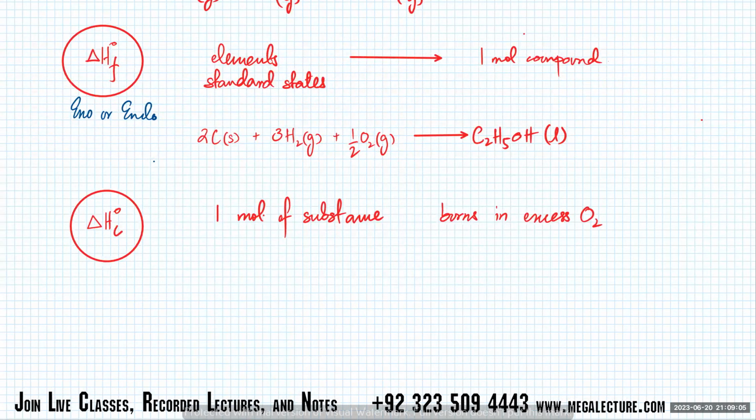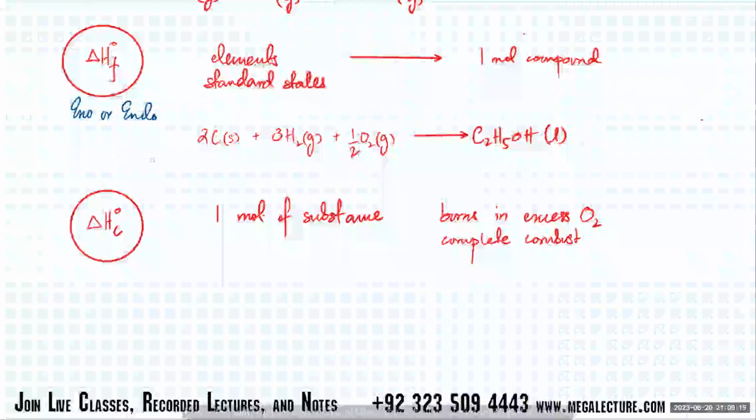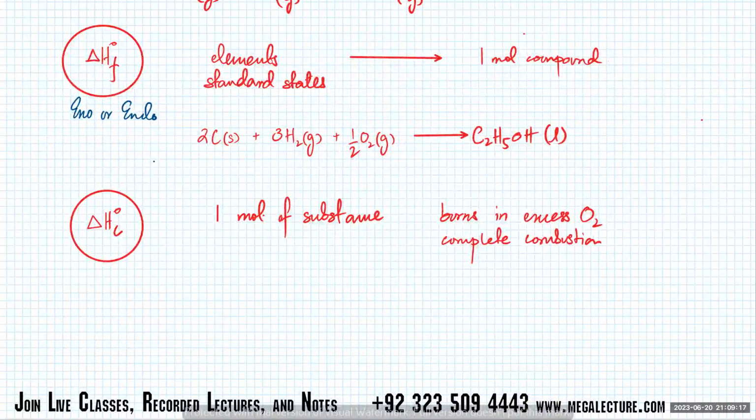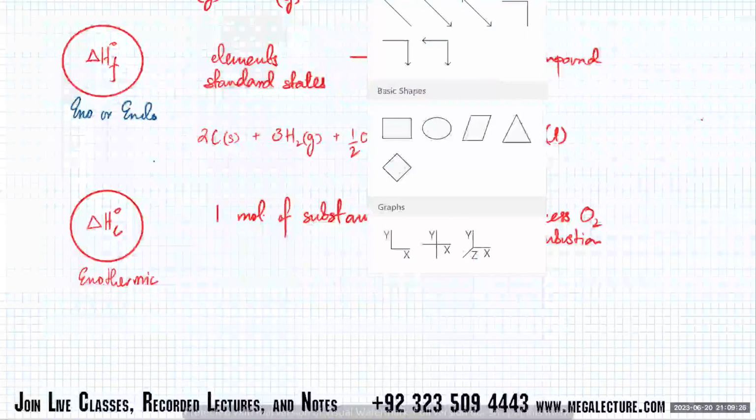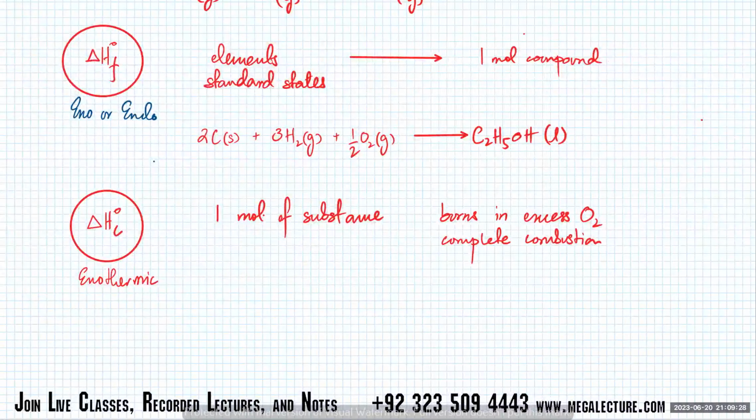So it's going to be complete combustion, not incomplete combustion. So whatever the enthalpy change for this is always going to be exothermic. And so 1 mole of substance burns.